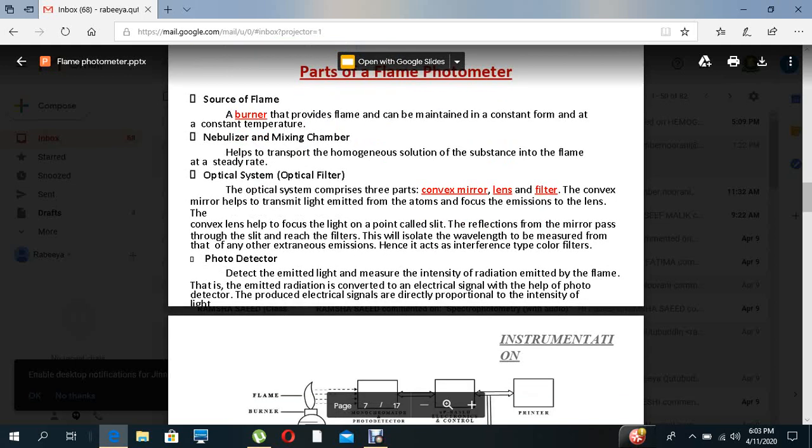The photodetector, which is the last part of the flame photometer, is a device that measures the emitted light's intensity, and the emitted radiation is converted into an electrical signal. This produces electrical signals that are directly proportional to the intensity of the light. Therefore, the intensity of the light can tell us about the concentration of the atom.